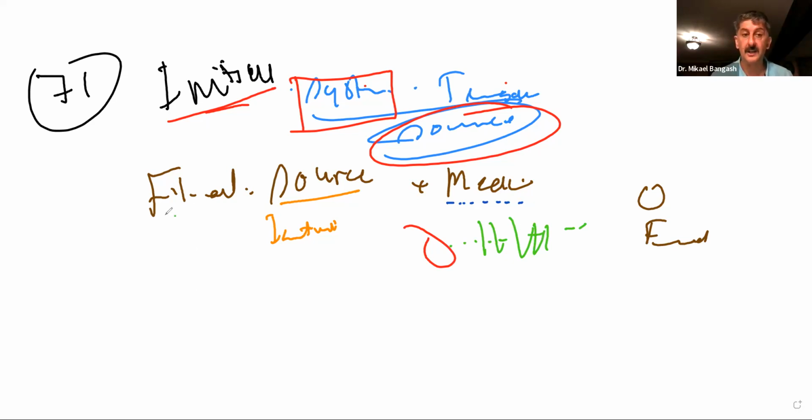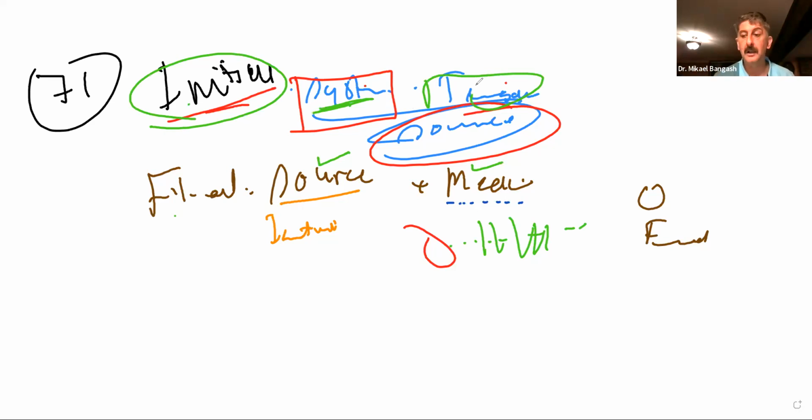So if it says final intensity, final power, final amplitude, it is going to be both source and medium. If it just says initial, it's going to be the source only. Clear? Now here, since they haven't given us system as an option for source, we can say our transducer is not really correct, but it's better than the other options.